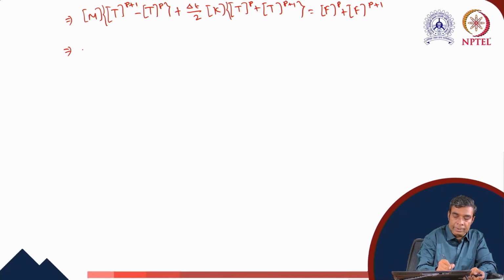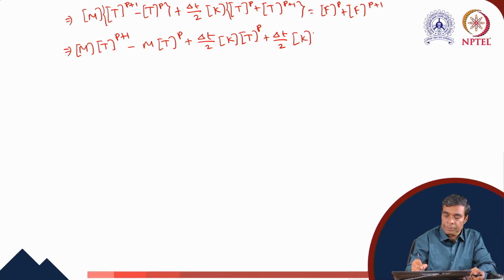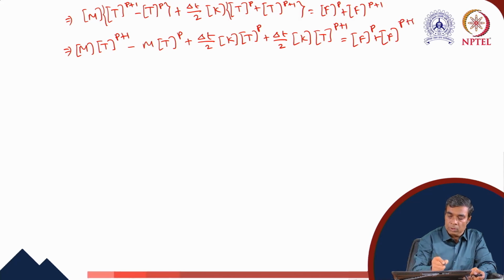So this can be written as M into T at the p plus 1th level minus M into T at the pth level plus delta T by 2 into K into T at the pth level plus delta T by 2 into K into T at the p plus 1th level equals F at the pth level plus F at the p plus 1th level.